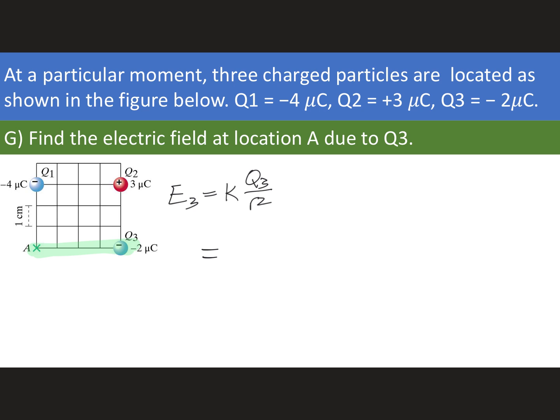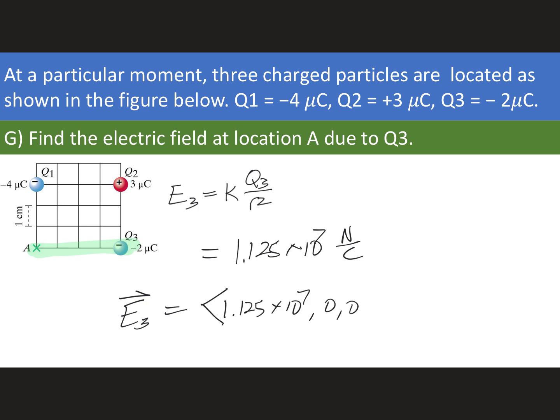So if we plug and chug all of that, and I'll spare you, you get a magnitude of 1.125 times 10 to the 7th newtons per coulomb, which means as a vector, since it's all x, 1.125 times 10 to the 7th, 0. So we can do things in magnitude and then step back and go, okay, this is all one direction, so let's put it into vector form with zeros for the other components.